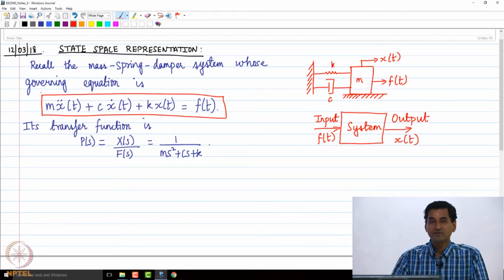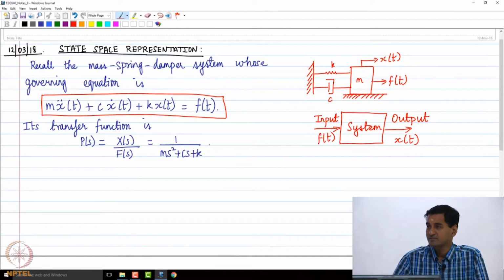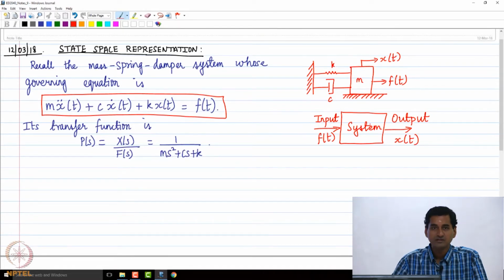For this system or plant, the input is the force f of t, which we give to the mass. Let us consider that the output of the system is the displacement x of t. So that's my input and output as far as this particular system is concerned.